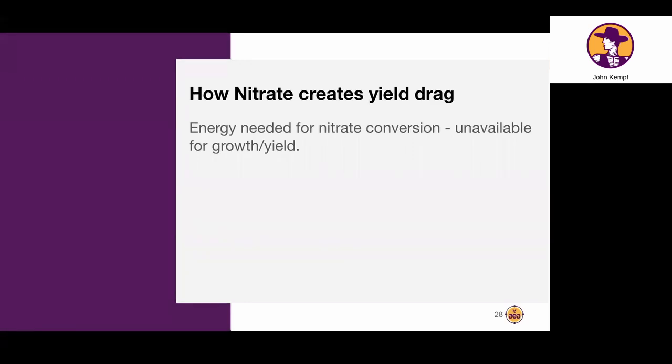Three, photosynthetic energy, sugar energy needed for nitrate conversion. And that means that energy, when you think about converting nitrates, absorbing 16% of a plant's total photosynthetic energy, and the fact that 100% of that 16% could be gained back by the plant absorbing microbial proteins, that means theoretically you've got a 16% energy jump that can go directly into yield.